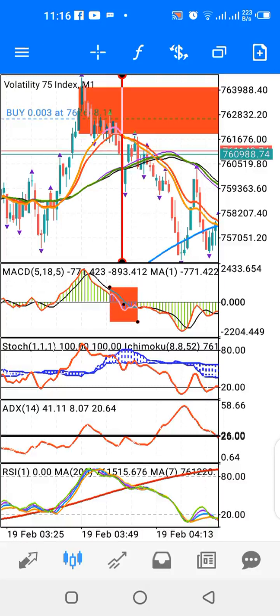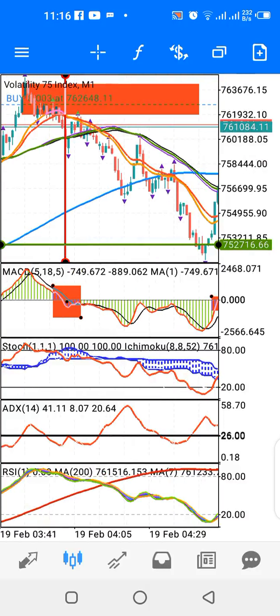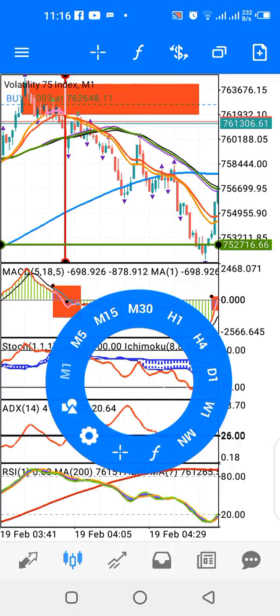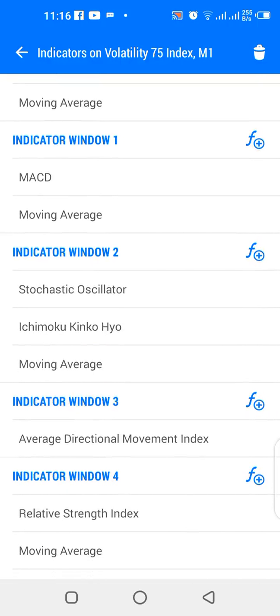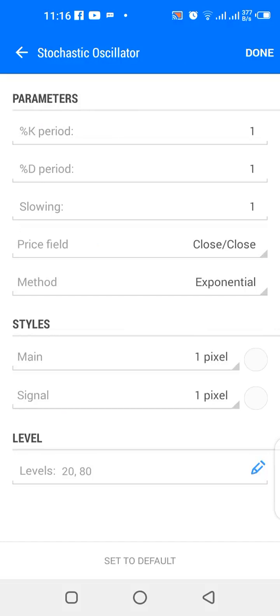All right. So let's also look at indicator window 2. Let's look at the settings for indicator window 2. You have stochastic oscillator. You have Ichimoku Kinko Hyo, and then we have moving average. For the stochastic oscillator, let's look at the settings.